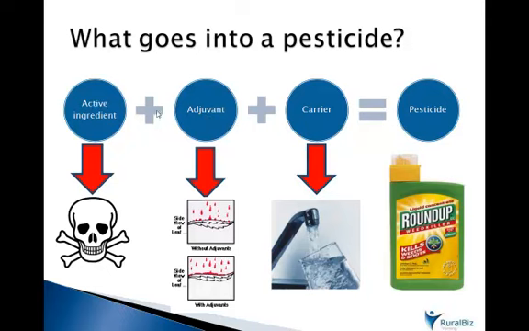As an example, we sometimes have chemicals added that will help the pesticide spread and stick to leaves. And finally, there is also a carrier, which is responsible for carrying the pesticide, and it could be something as simple as water. These three added together usually make up the total of the pesticide.